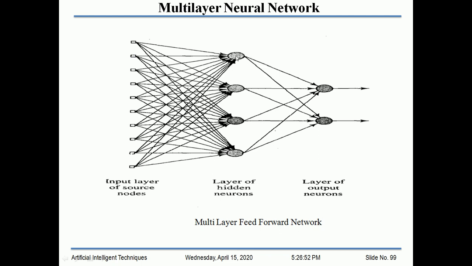So we have a special training algorithm, which you call the error backpropagation training algorithm. This particular algorithm is very popular, and it is also very important for your examinations. Okay, so let us now discuss what the error backpropagation training algorithm is.